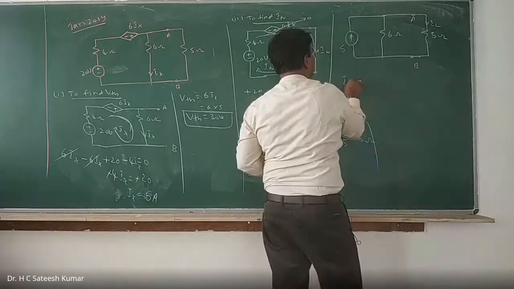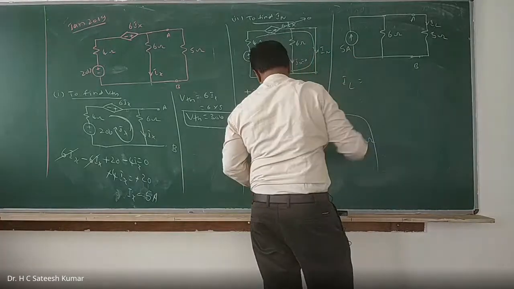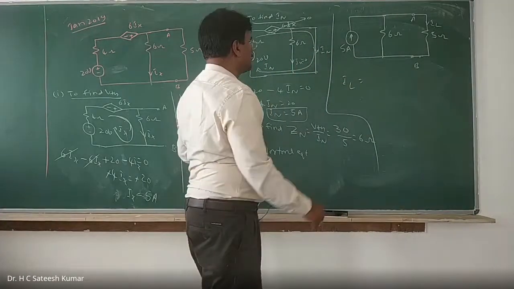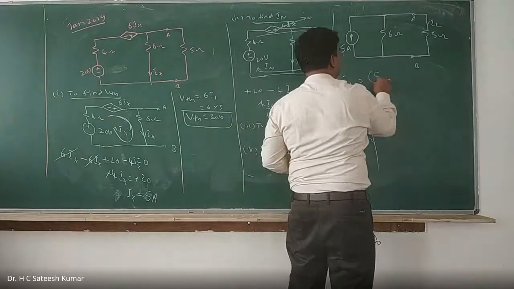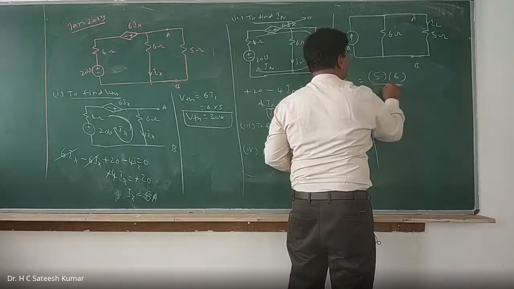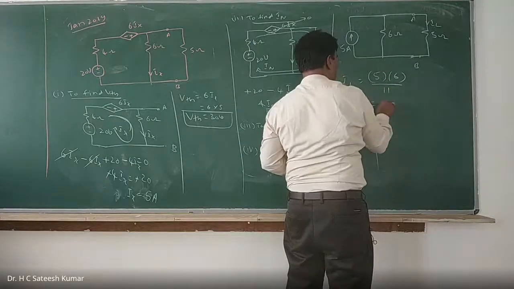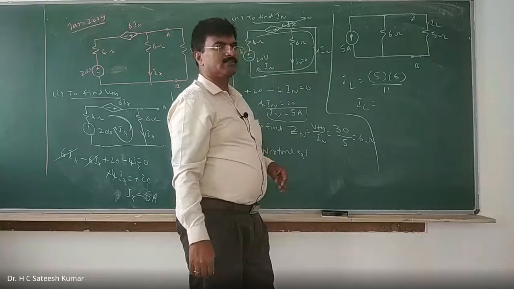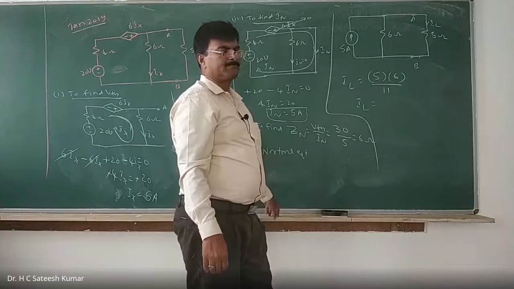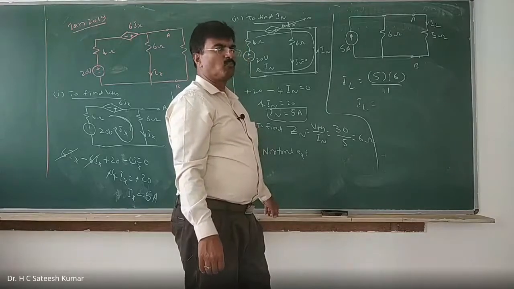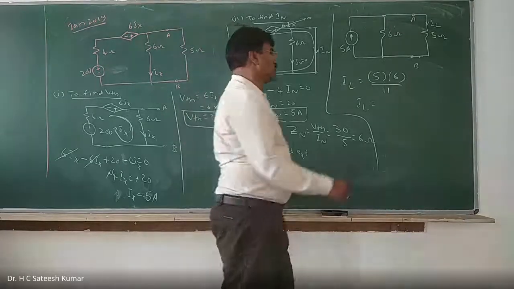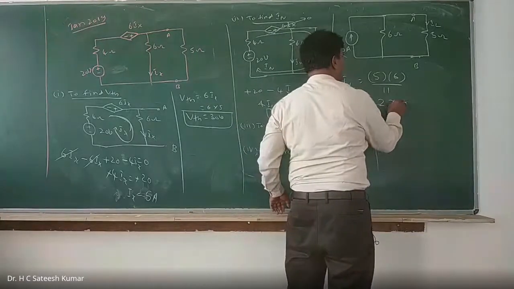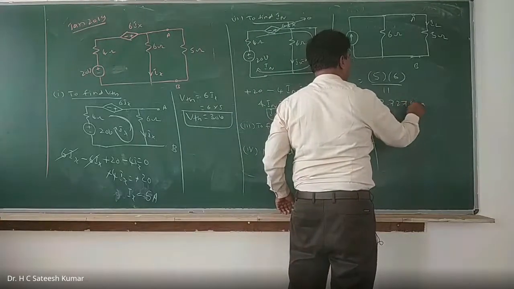IL is equal to total current, 5, into the resistance of the other branch, divided by total resistance, 11. IL is equal to 30 by 11, which is 2.727 amps. That's how we should do it.